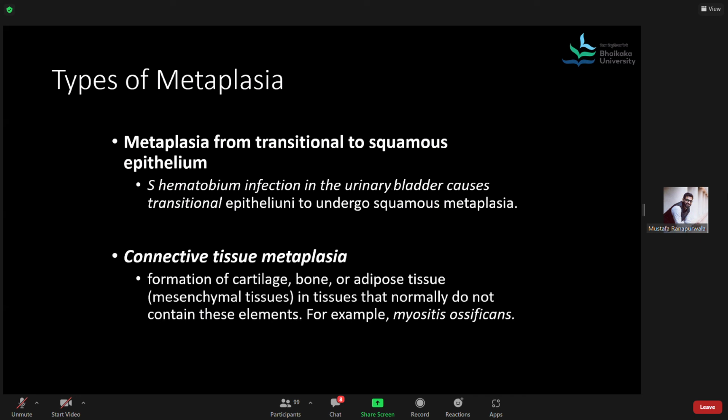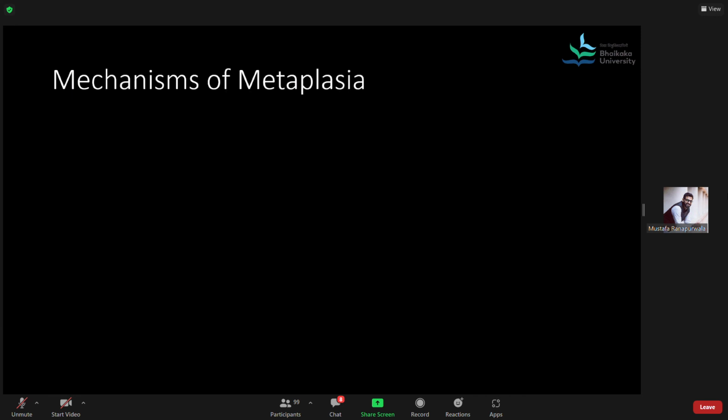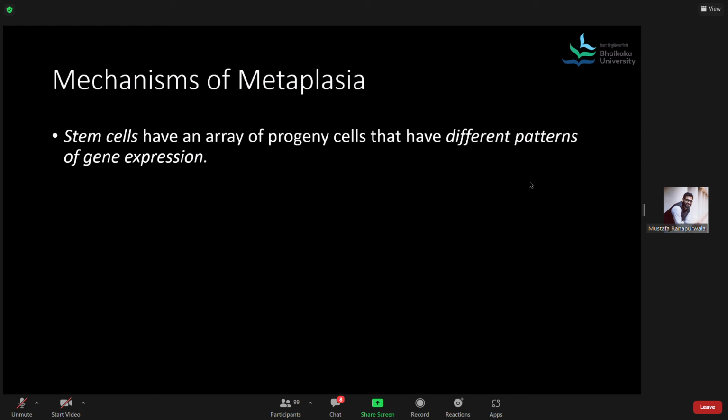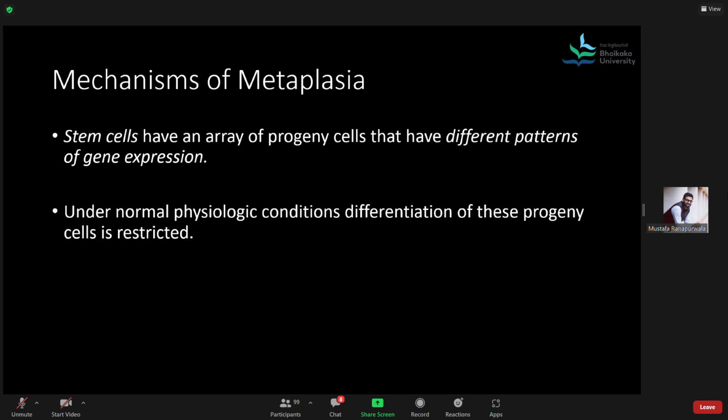Okay. Connective tissue metaplasia is still a problem, a dichotomy. Whether it exists or not, people are not very sure about, so I'm not taking that up in detail. But again, mechanisms of metaplasia, I've already mentioned that this is something that happens because of the changes in the stem cell or changes in the gene expression of your stem cells, where under normal physiological conditions, they are restricted to only one type of epithelium, but under the influence of that pathologic stimuli, that restriction is lost and changed, and you get a new set of epithelium in that particular area.